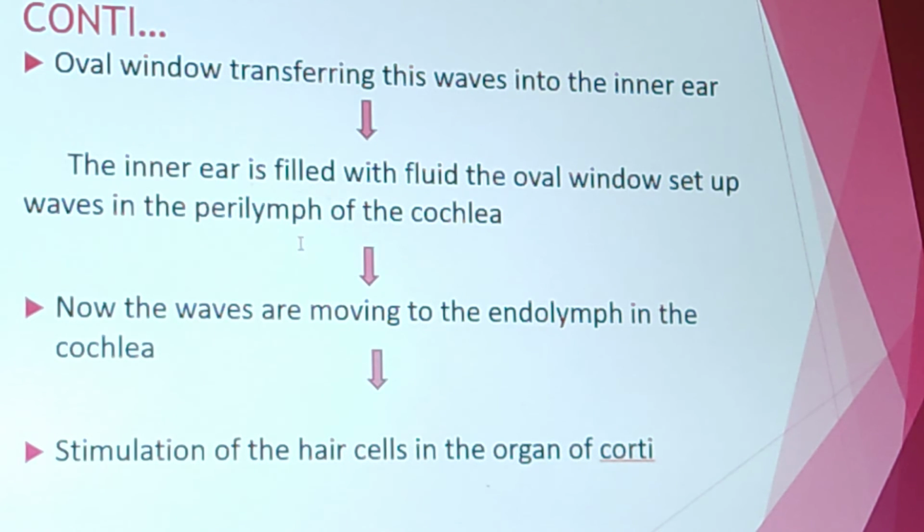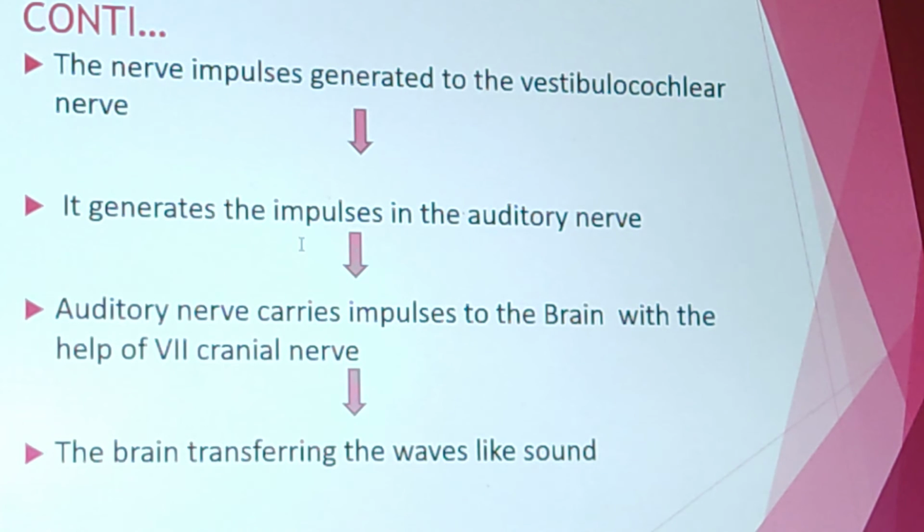Hair cells are present in the cochlea, external hair cells and internal hair cells. With the vibrating of these hair cells, nerve impulses are generated.